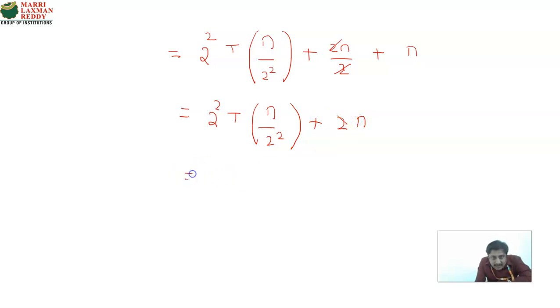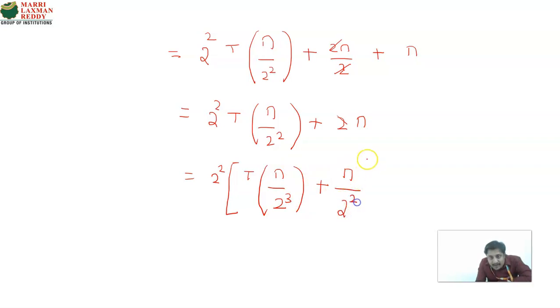If I put the value of n/2² into the first equation, it would be 2² into T of n/2³ plus, in place of n we replace it by n/2², plus I keep 2n as it is.